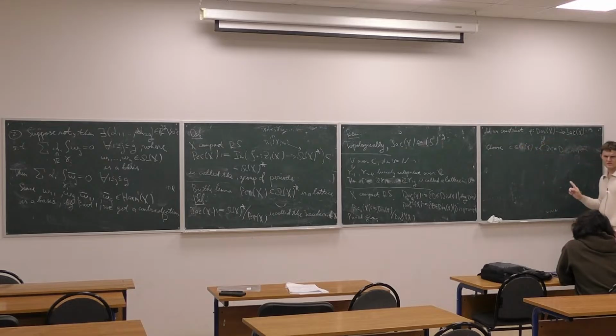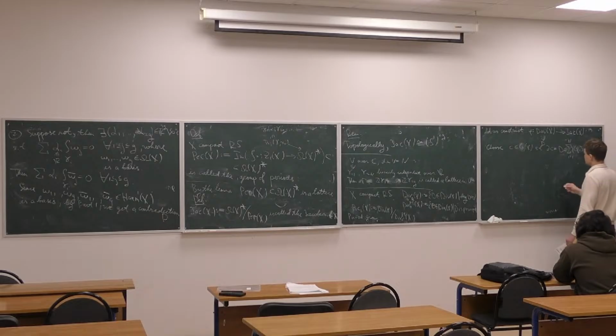Is it clear? It's very simple. Any divisor of degree 0 can be written as a sum, one point minus another point, the sum of P_i minus Q_i, for i equal to 1 to n.